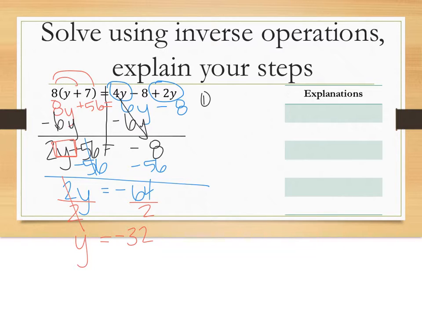So this is step 1. This looks like step 2. This is step 3. And then step 4. So I need to have 4 explanations. The first thing I did was simplify both sides. The second thing is I needed to move all variables to the same side.